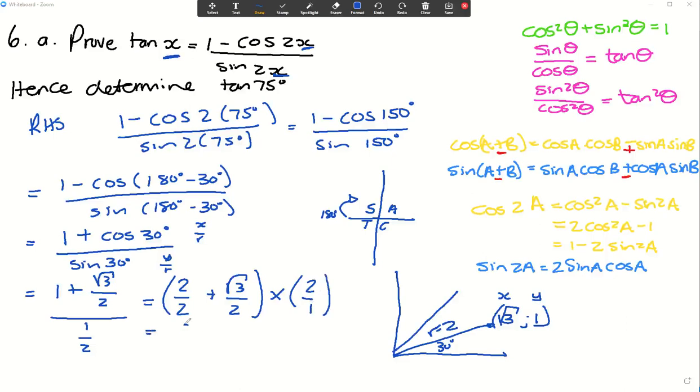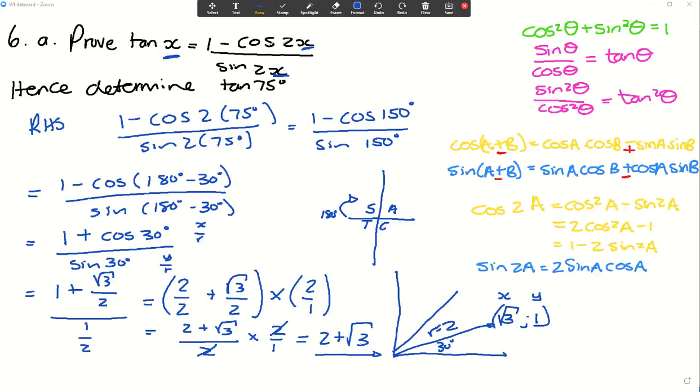So here we have 2 plus root 3 over 2 times 2 over 1. Cancel the 2's, guys. They can cross simplify, which means you're left with the final answer of 2 plus root 3. And that is how you determine what tan x is. Therefore, tan x is equal to 2 plus root 3.